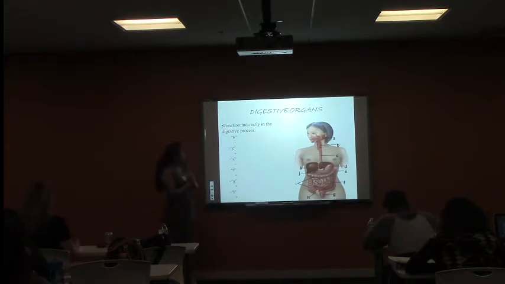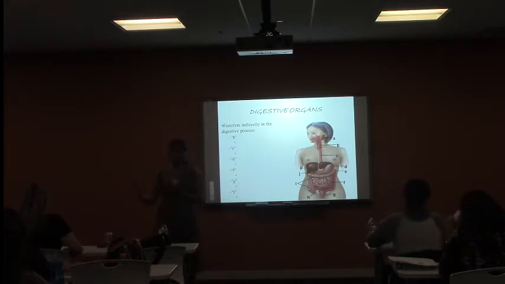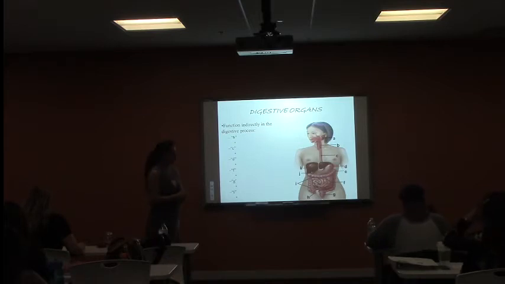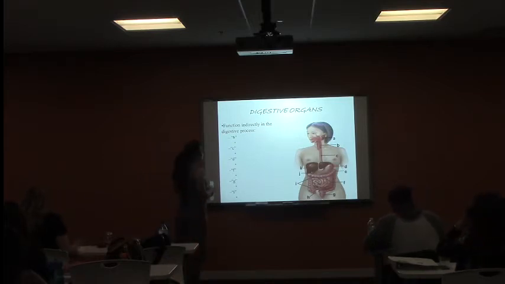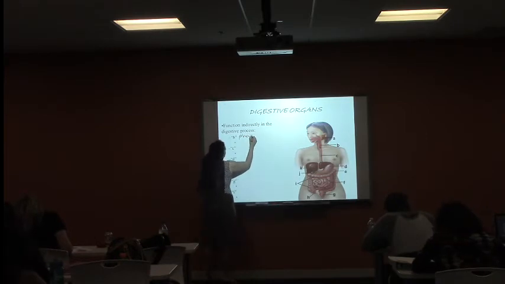Okay. Now let's talk about the main digestive organs, which are actually like hollow tubes, and food travels throughout these tubes, and basically you have digestion and absorption going on. So B is pharynx. It transports food.